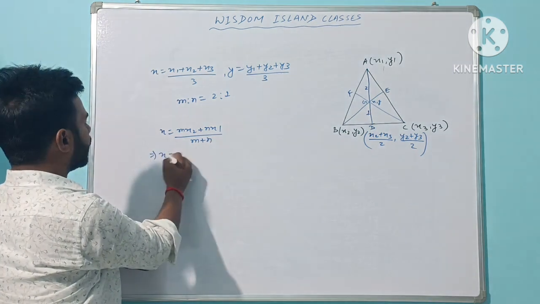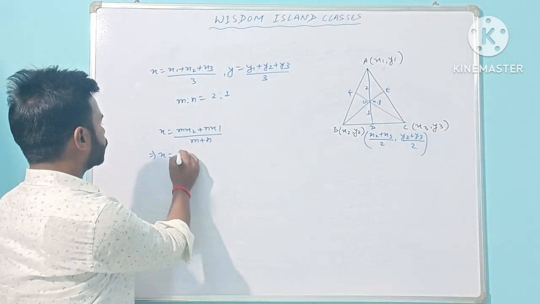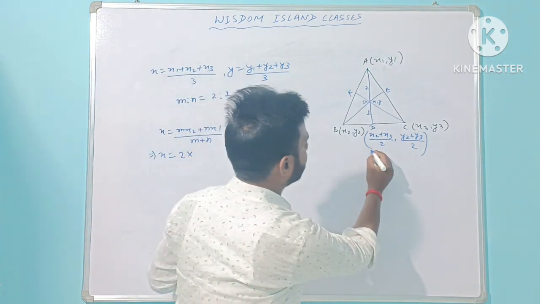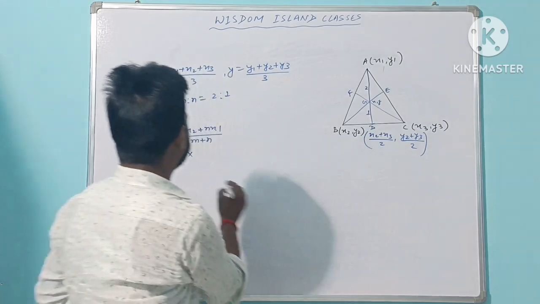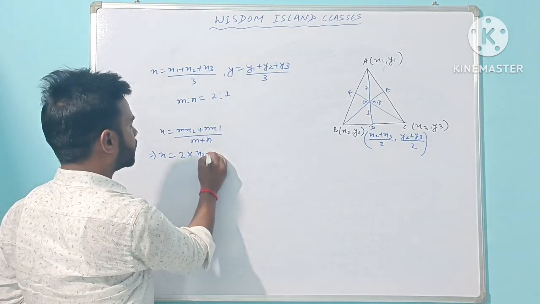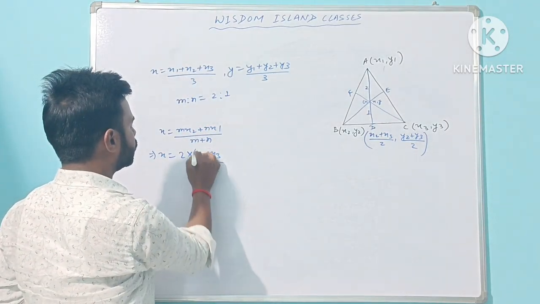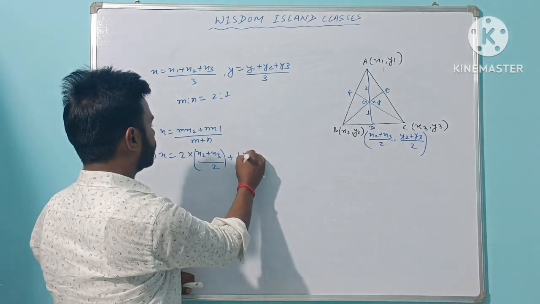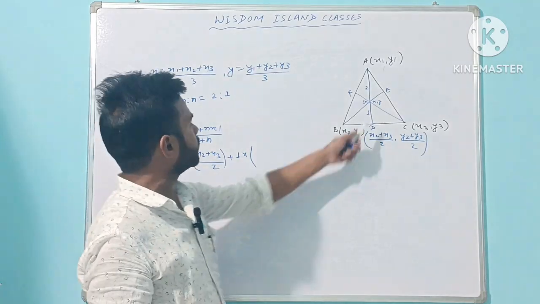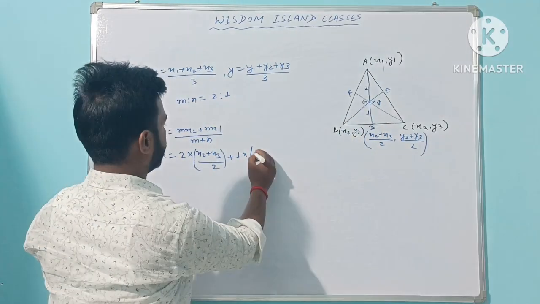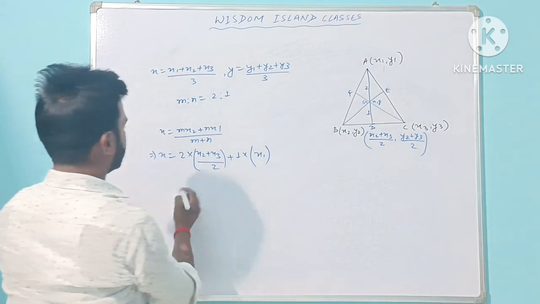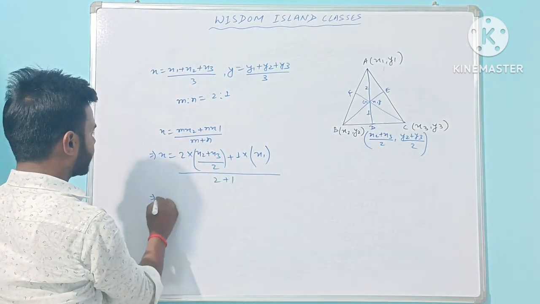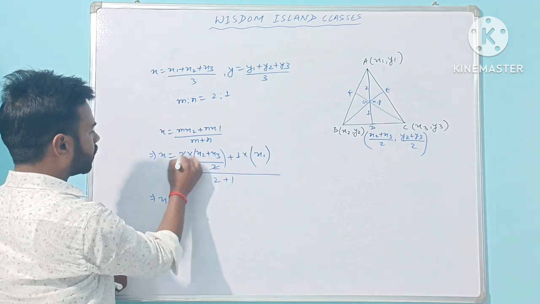So here m is how much? m is 2. x2 is how much? x2 will definitely be the coordinate of D, that is x2 plus x3 by 2, and n is how much? 1. 1 into x1 is x1. Here the denominator is m plus n, that is 2 plus 1, which is 3. So the 2 will cancel out.